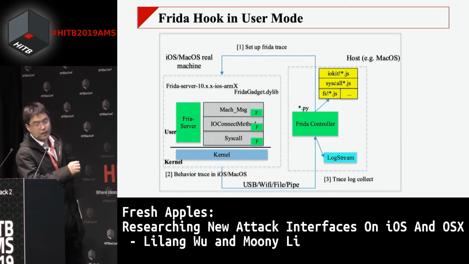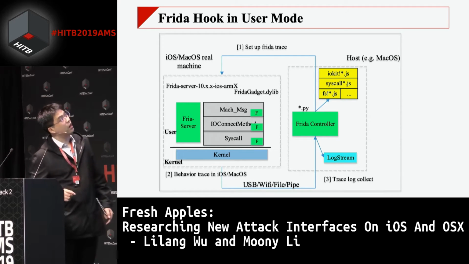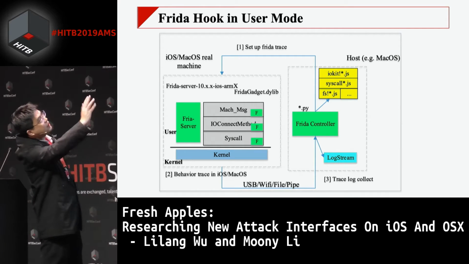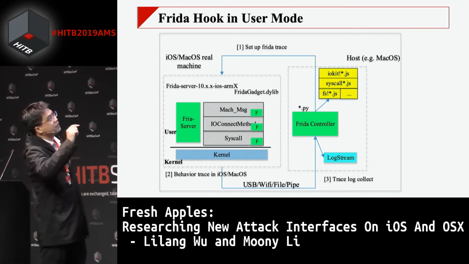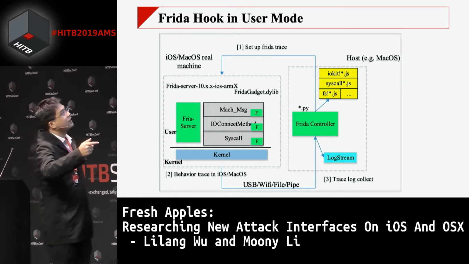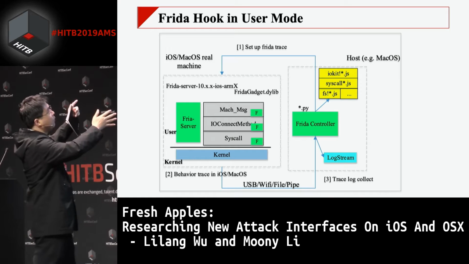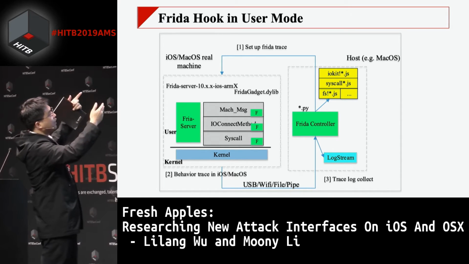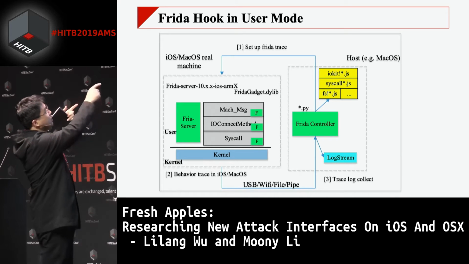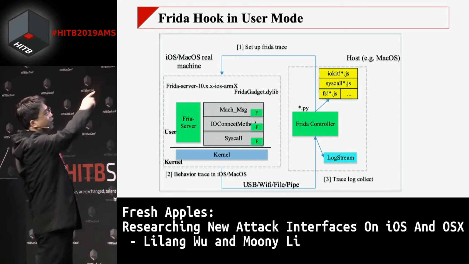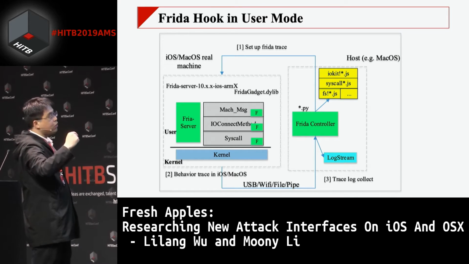As you can see from the graph, the right side is the Frida controller, which is wrapped in Python, and the left part is the controlled part. The most important part is the Frida server, which runs with root privilege.